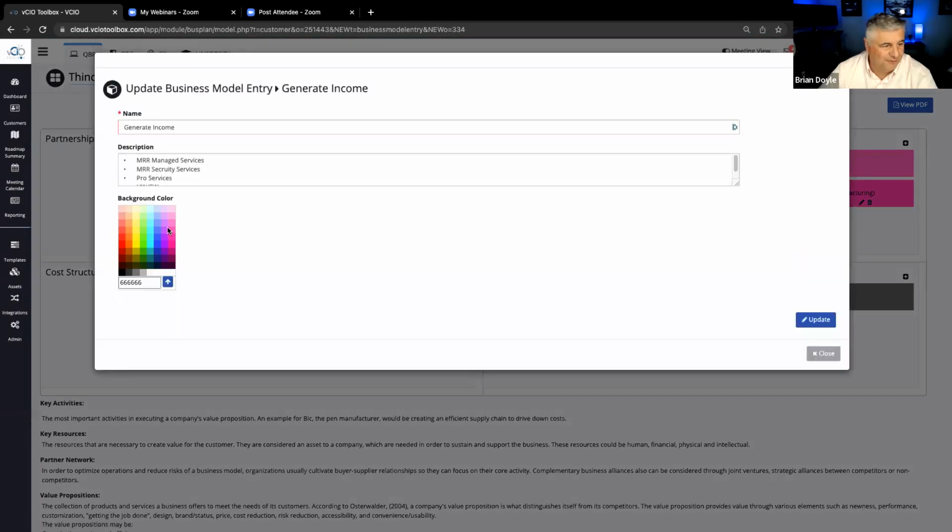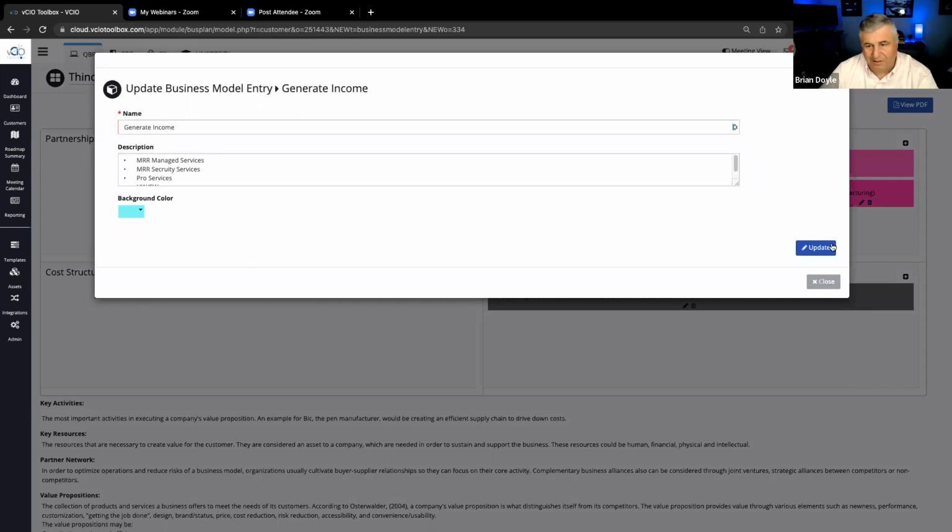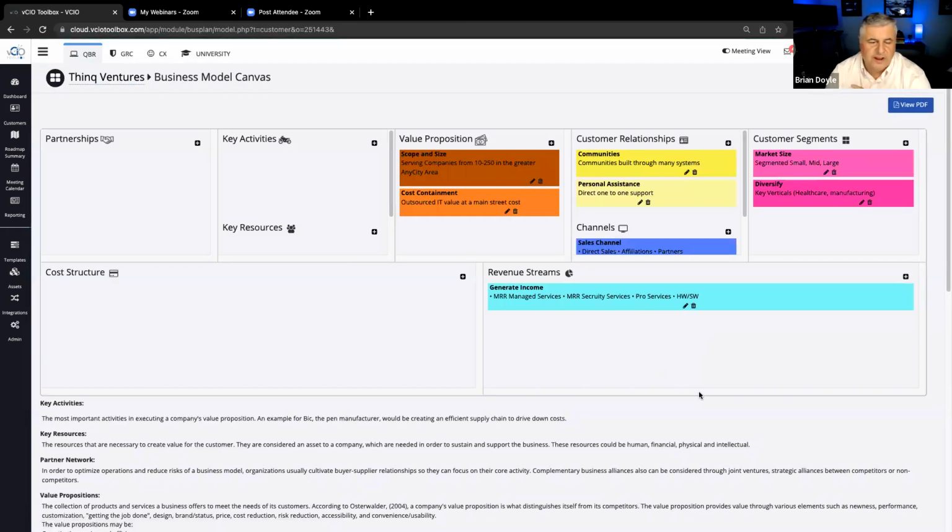I apologize for that, folks. Put this into light blue. And you'll see here that most MSPs have our recurring revenue sources, whether it be managed services or security services. We often sell professional services, hardware and software. So these are the ways that we actually derive an income to our companies.